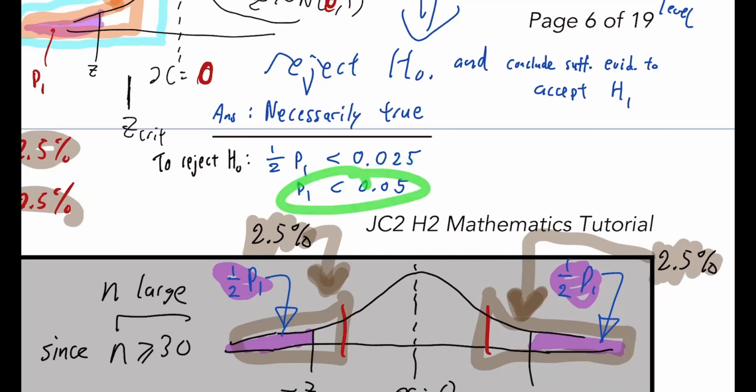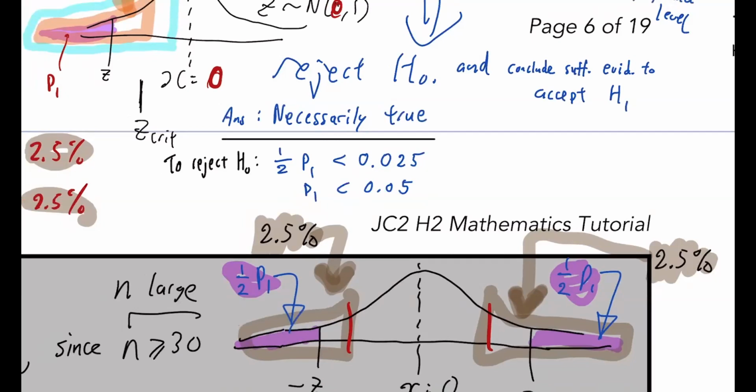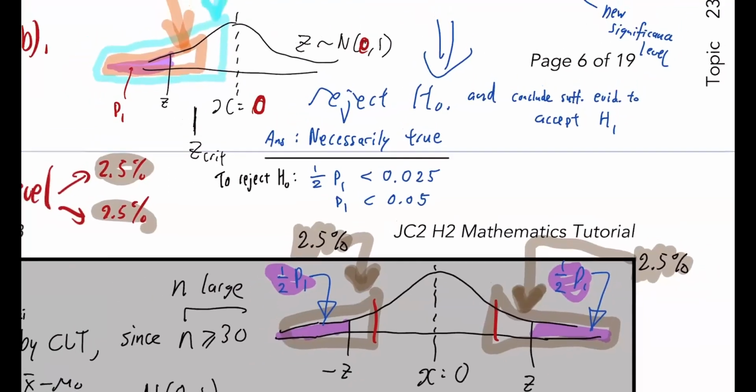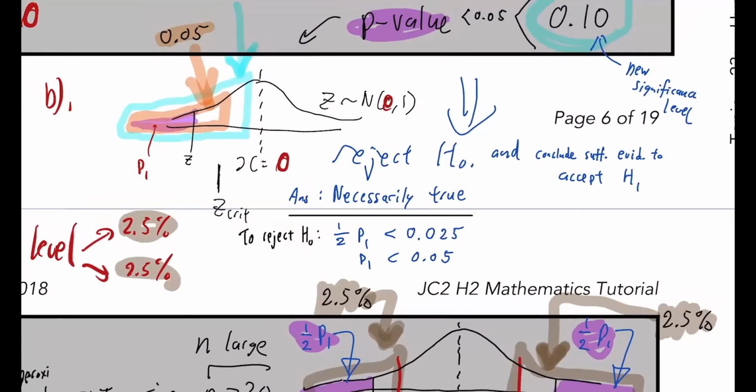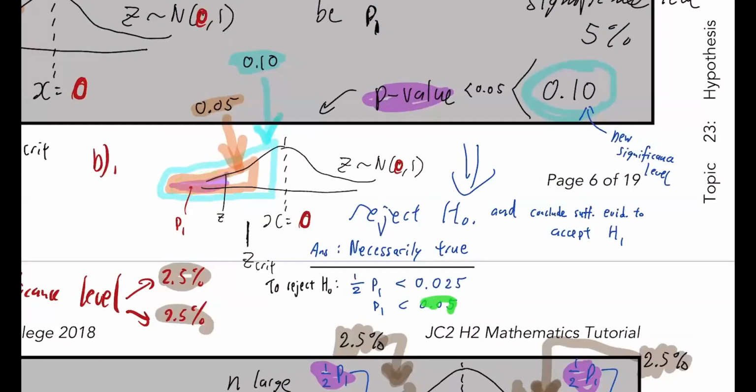Can this be true? Yes, because P1 is the purple and 0.05 is your orange. Is this true? Yes. So therefore, I think this one is also necessarily true, is it not?